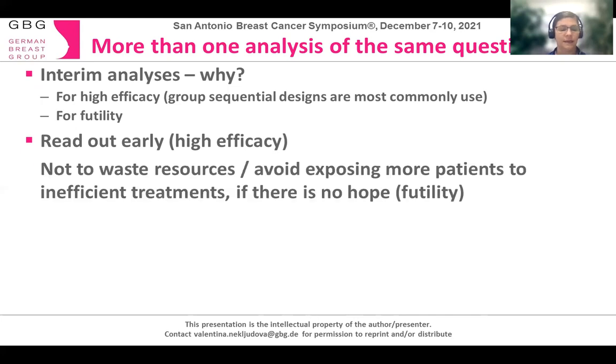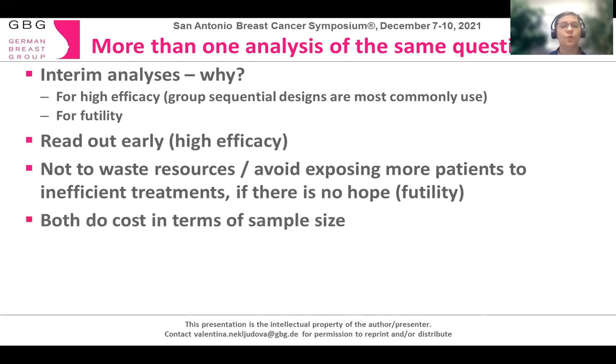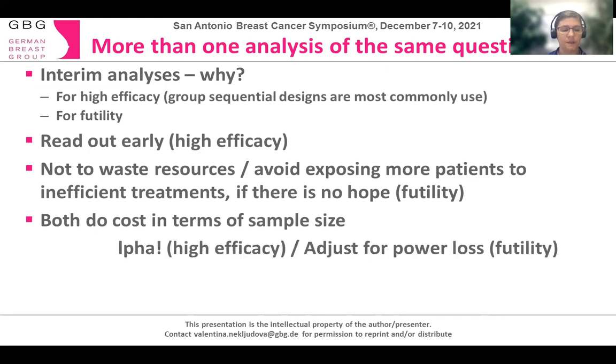A futility analysis can help you save resources and avoid exposure of more patients to inefficient treatments, if it is already clear that there is no hope of having a positive trial at the end. Both do cost in terms of sample size, because you need to control for alpha for the high efficacy. And if you plan an analysis for futility, there is some power loss and you have to adjust for that.